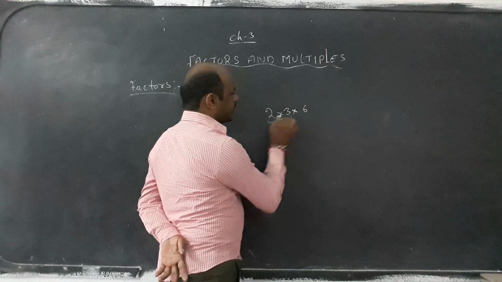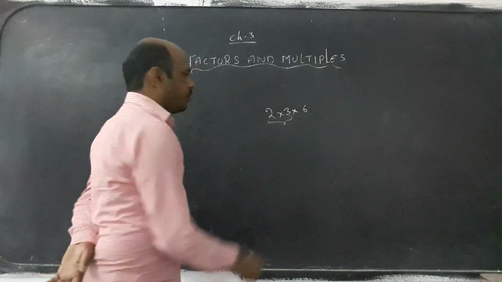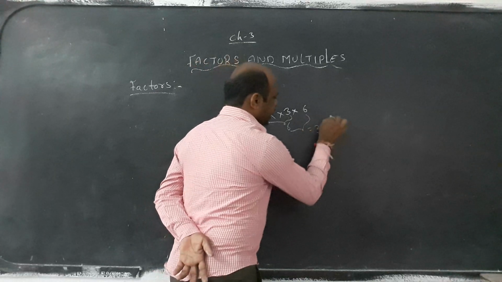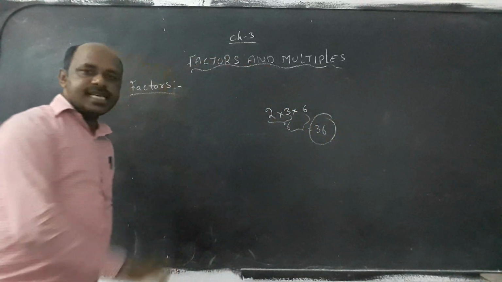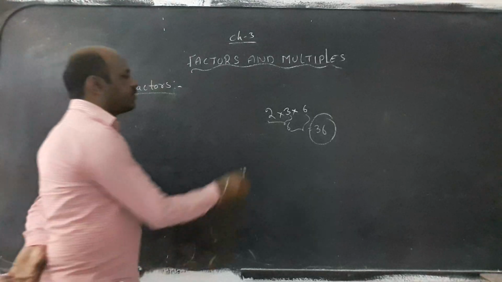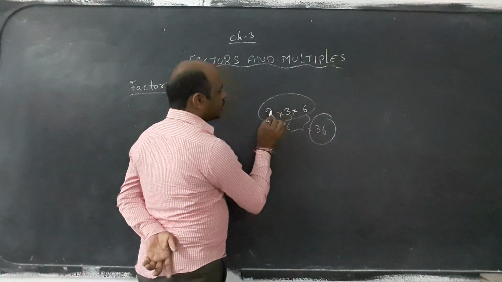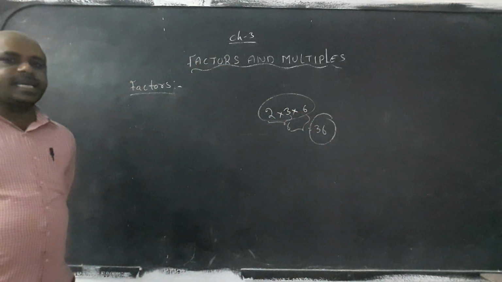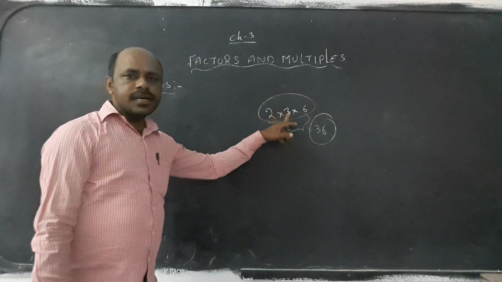First, 2 threes are 6. Then 6 sixes are 36. See here, this 36 is the product of these three numbers: 2, 3 and 6.